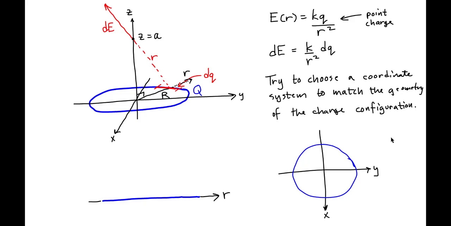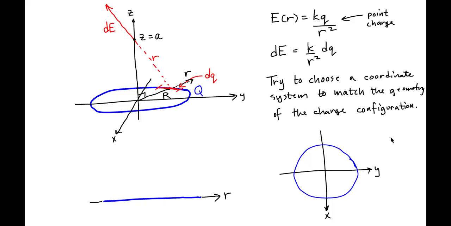And so when I look at this image that I've drawn on the left, that means the z-axis is straight up, and we have the r-axis from the side.